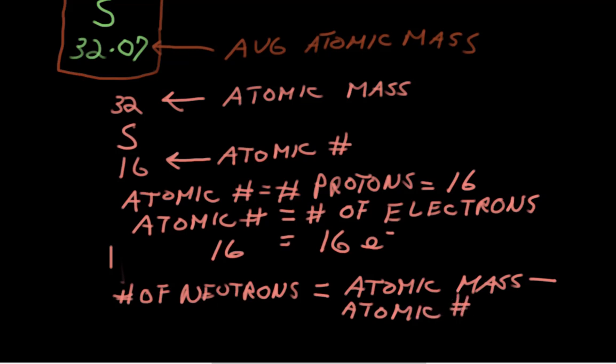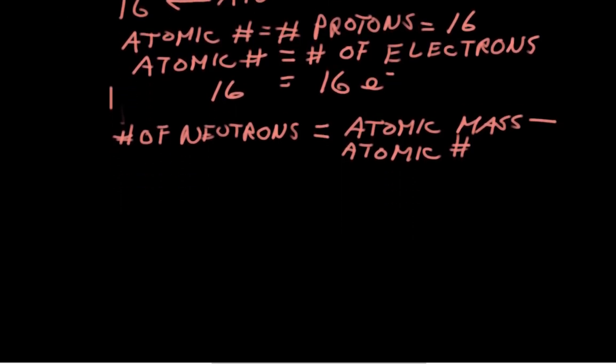So for our example, we have an atomic mass of 32. So we're looking for the number of neutrons. Our atomic mass is 32. Our atomic number is 16. So our number of neutrons is also going to equal 16. Now, this won't always be the case, but follow this formula. The atomic mass minus the atomic number is going to give you the number of neutrons.